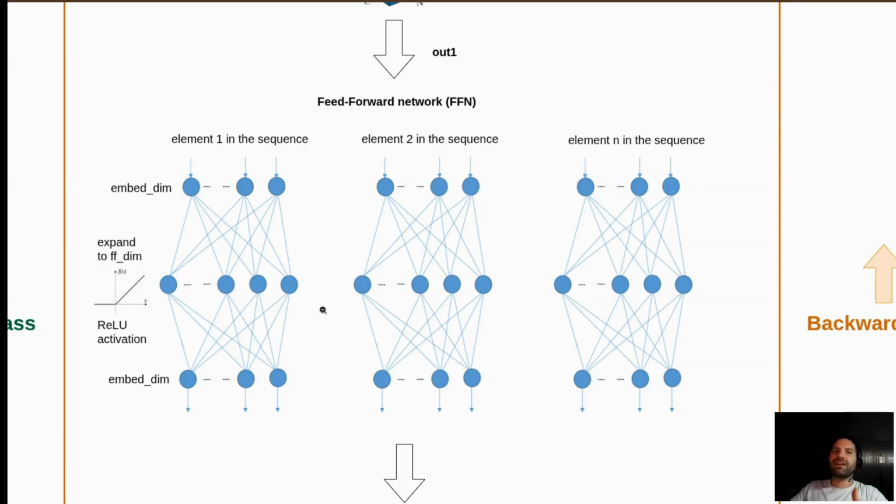So the FFN consists of two dense, fully connected layers. Step one is to expand the dimension. From the embed dim, we go to FF dim. We are using a ReLU activation. We apply ReLU because it introduces non-linearity, letting the model learn complex functions like logical relationships, composition of meanings, and others.